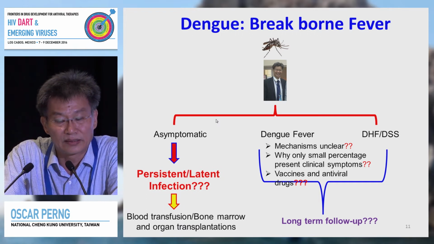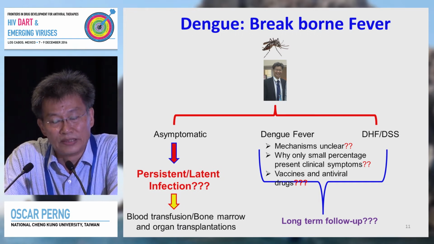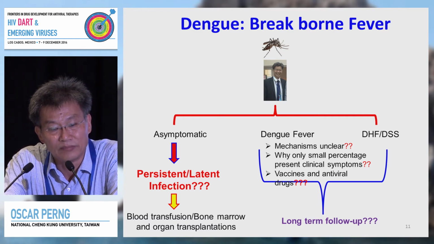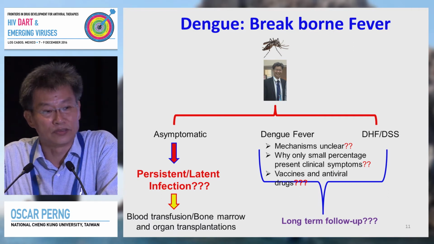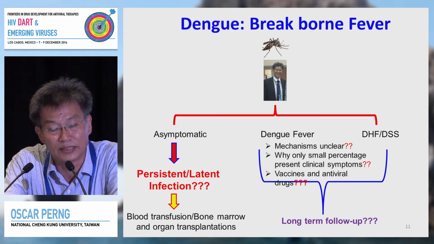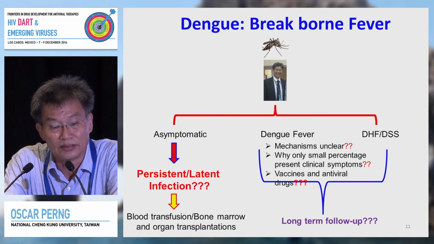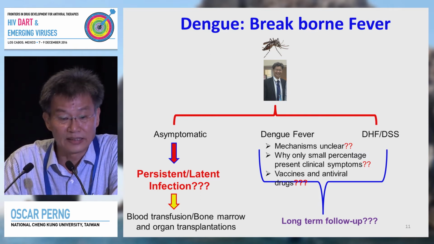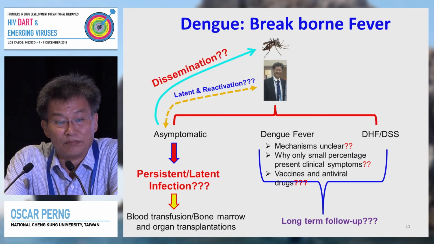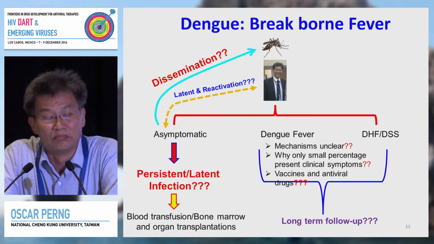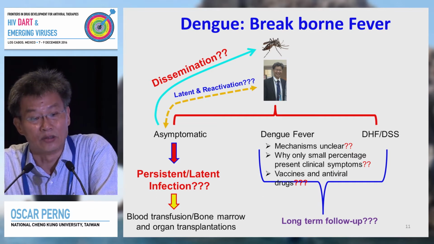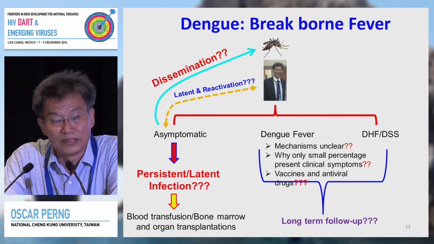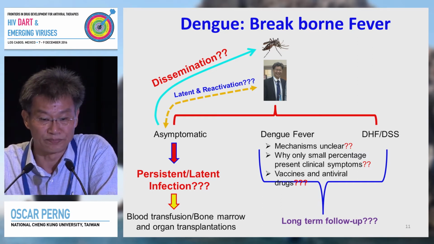The asymptomatic have become a very sensitive issue these days because dengue was found to be transmitted through blood transfusion, bone marrow transplantation, and organ transplantation. This suggests they may have persistent or latent infection, which may account for dissemination of the dengue virus or even reactivation. My talk will mainly be on the symptomatic, later on.